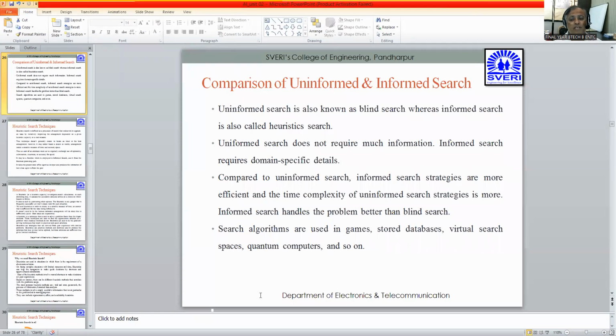As we know, nowadays quantum computers are going to be very rich. Research is going on as far as quantum computing is concerned. A new concept called quantum computers, or you may also see quantum machine learning and quantum artificial intelligence, is also coming into the picture. So these algorithms can also be used in these types of applications.